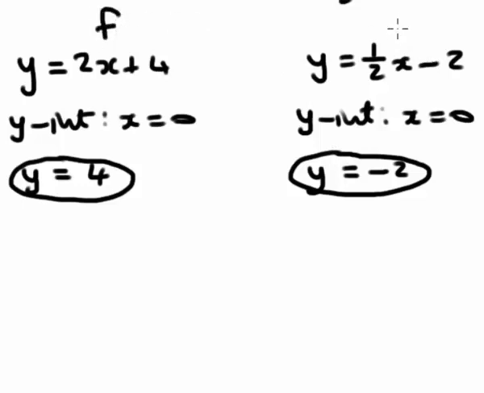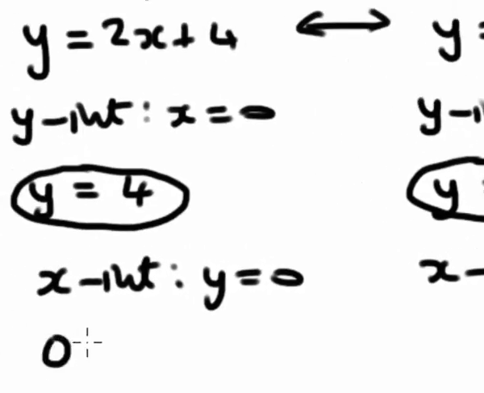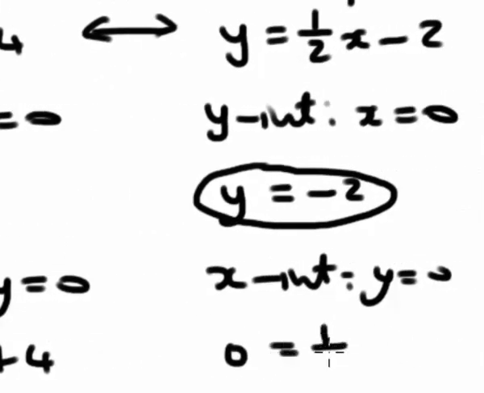Remember, this is f, and that's the inverse. These guys are each other's inverses, by simply swapping x and y around. The x-intercept, what are we going to do there? We let y be equal to naught. So here, if y becomes naught, it's 2x plus 4. If y becomes naught, it's a half x minus 2.